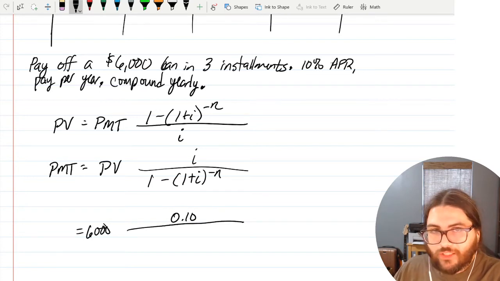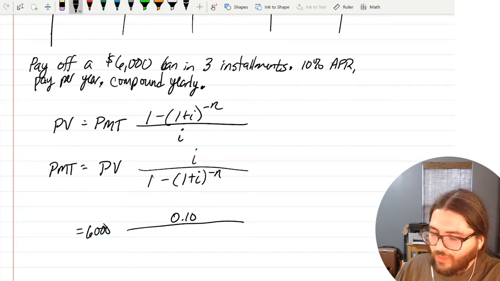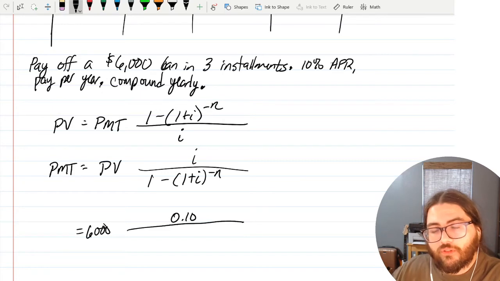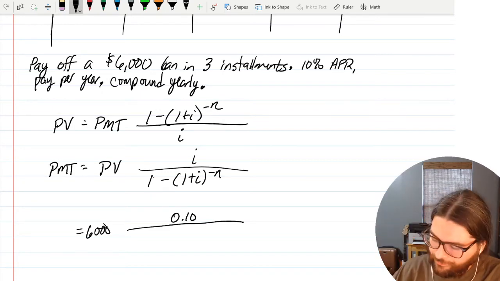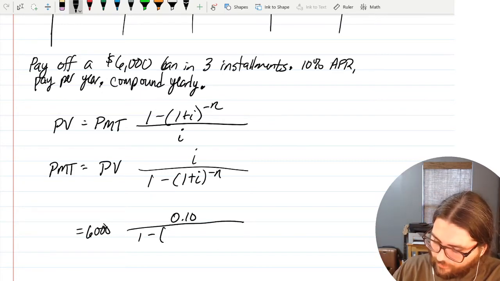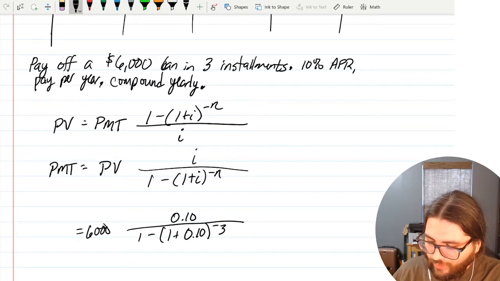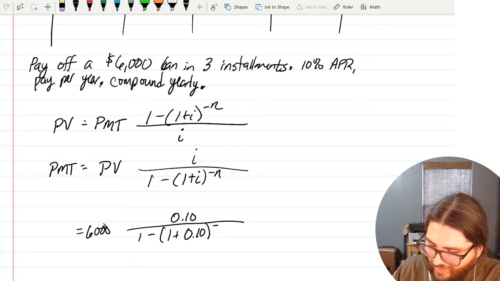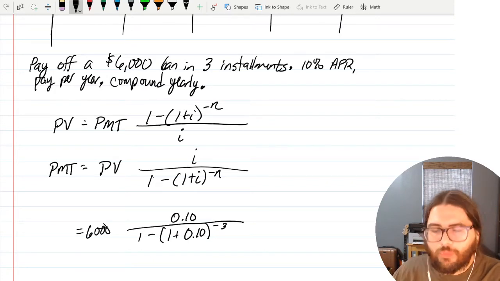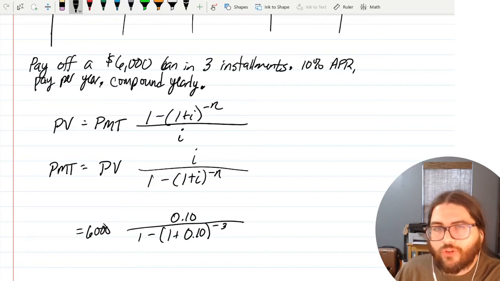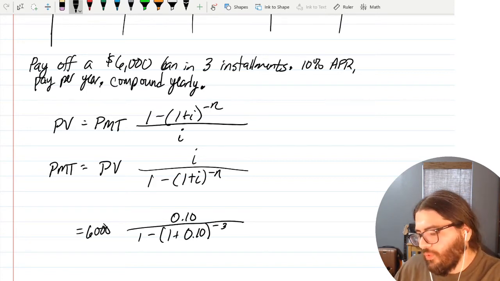Normally, we would have a fraction in this position. But because it's APR and because it's compounding yearly, I don't need a fraction. Same I. And it's only -3. It's only 3 payments. Again, I know that most of the time, this will be a number like 36 or 48 or 60.